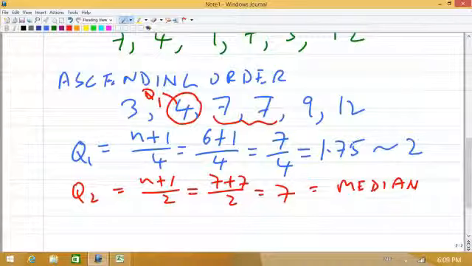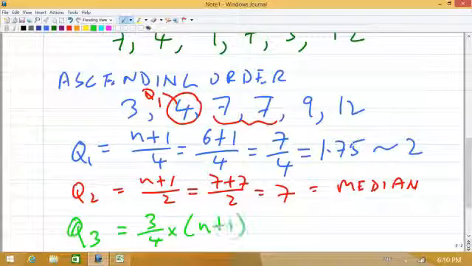Finally, we can go to Q3. Q3 is the 75th percentile, so 75% of the numbers are smaller than or equal to the third quartile. So 3/4 times (n plus 1).